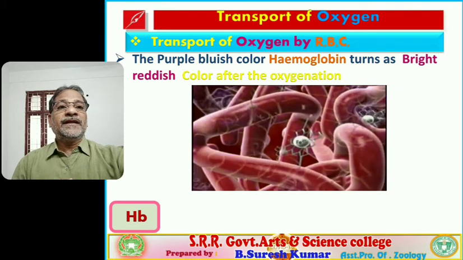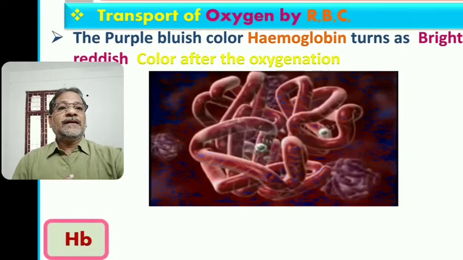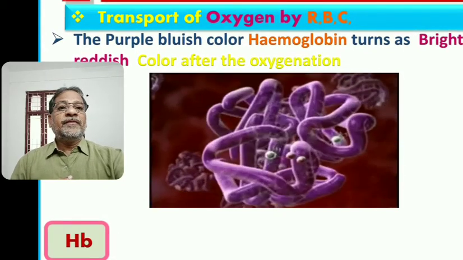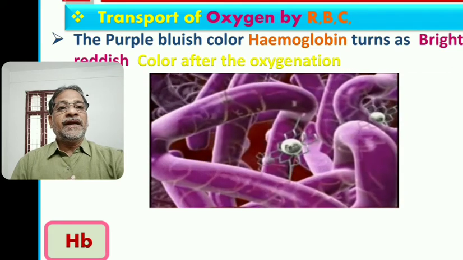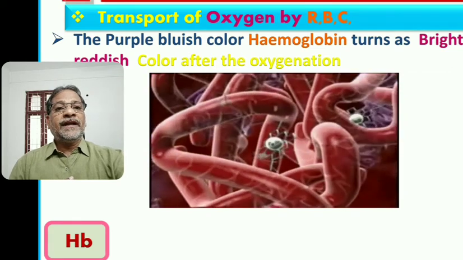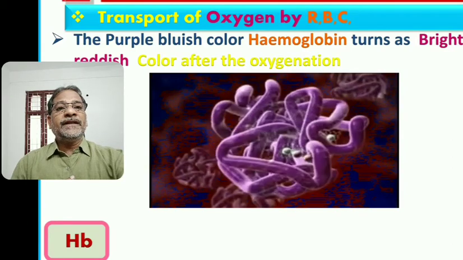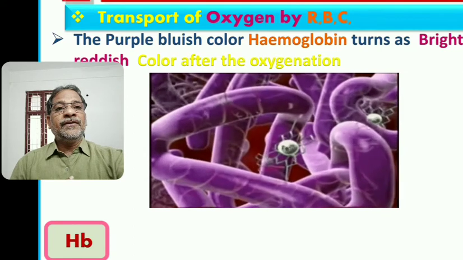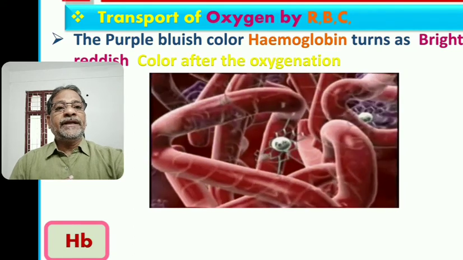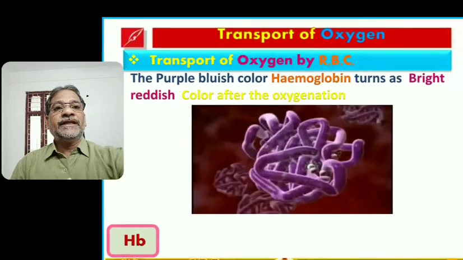So you observe clearly at first, this is the hemoglobin molecule, purple bluish red in color. The iron ions are there in the ferrous state. Now when the oxygen molecule binds with it, immediately it turns into bright reddish color. Followed? So you observe this bright reddish color. Followed? Right.